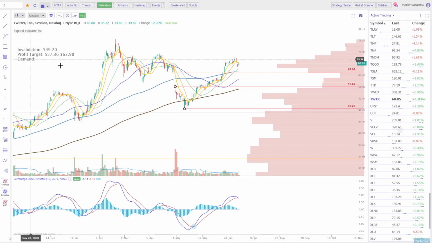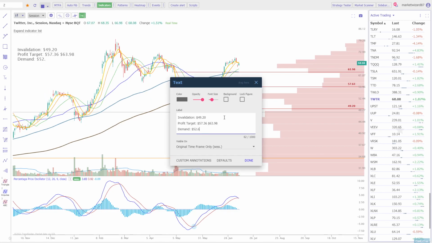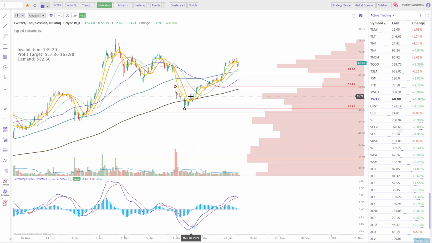So again, buying here at 52, let's just throw it in there, 52.66, right? You waited for the 200 to get captured, then you bought the next day. So this whole time, 52.66 will be your entry, and your distance towards invalidation is $3.46, right?